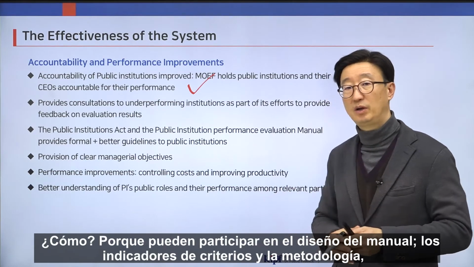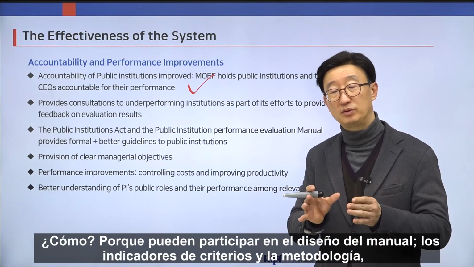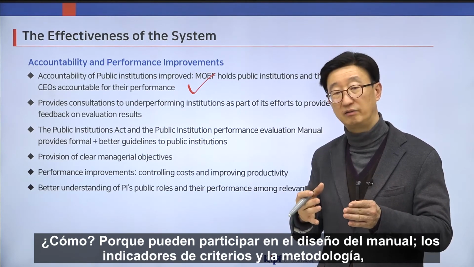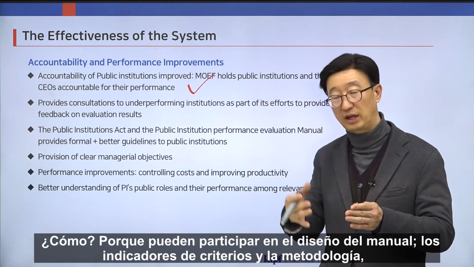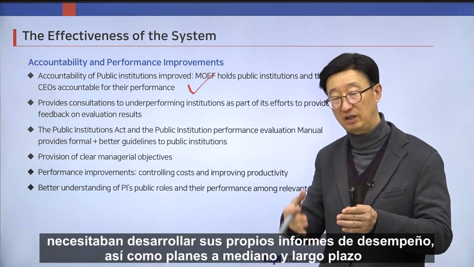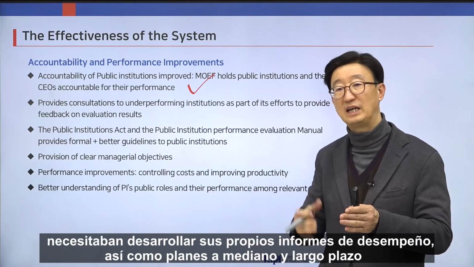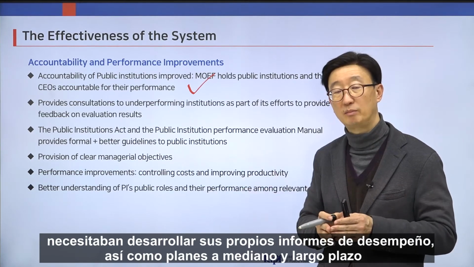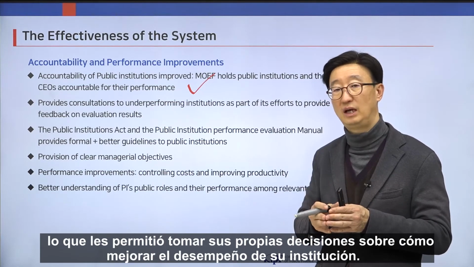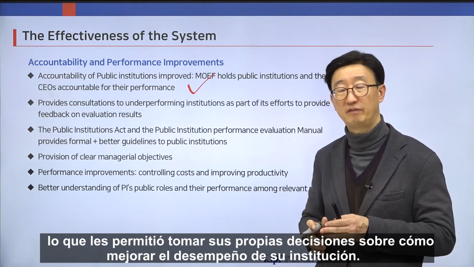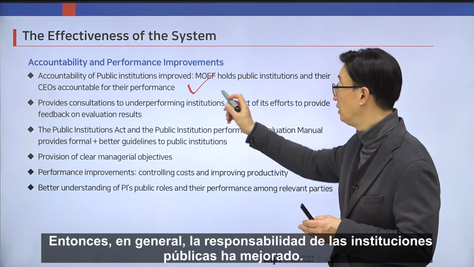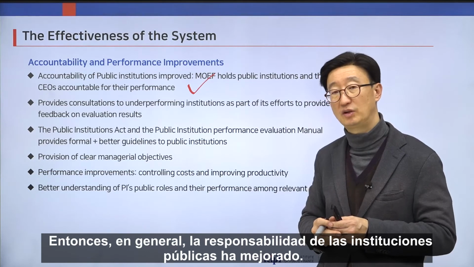How? Because they were able to take part in designing the manual, the criteria, indicators, and methodology. And they need to develop their own performance reports as well as medium to long-term plans. It enabled them to make their own decisions as to how to improve the performance of their institution. Right? So in general, accountability of public institutions has improved.